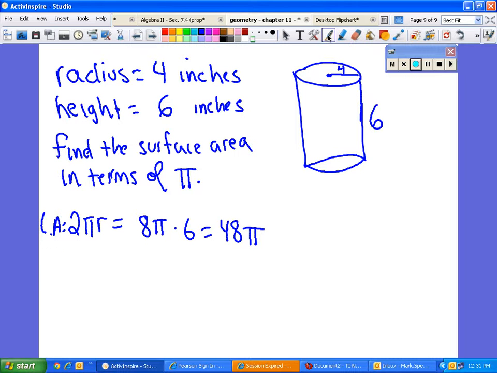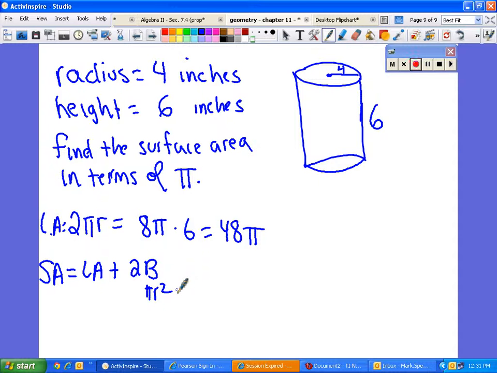Okay, to get the surface area, it's the lateral area plus 2 times the area of the base. Notice I'm using the same formula, except the area of the base is pi r squared. So what is the radius?